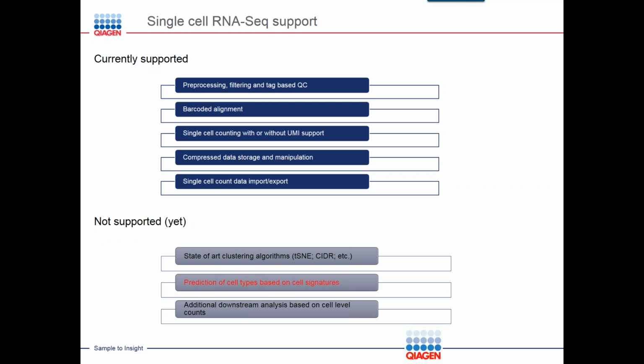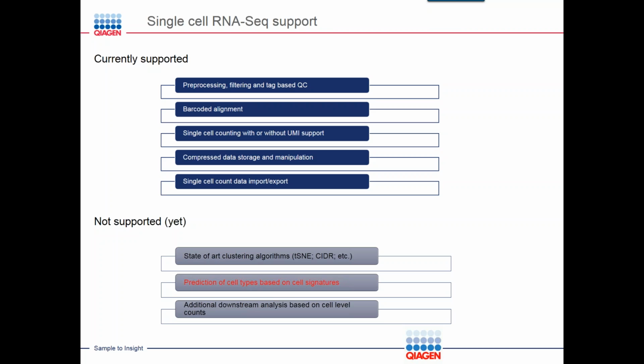So with 10.0, which will be released at the end of this month, I will talk about the timeline a little bit later on. The plan for this 10.0 release is that we will expose and continue to refine these modules on preprocessing, filtering, QC, alignment, single-cell counting, compressed data storage and manipulation.